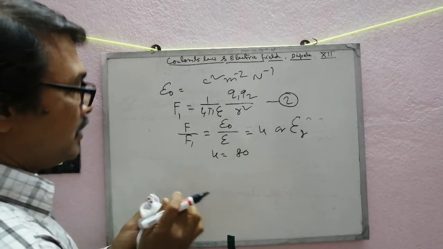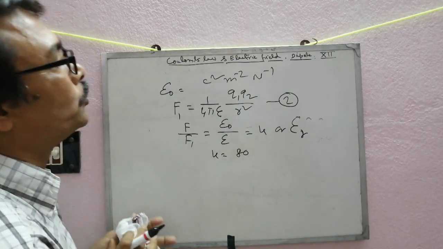Now we write the vector form of Coulomb's law.